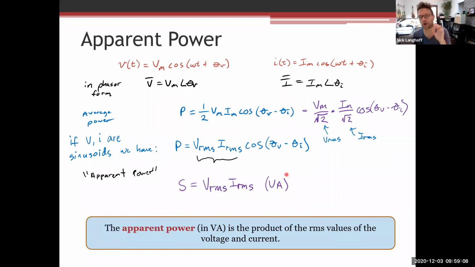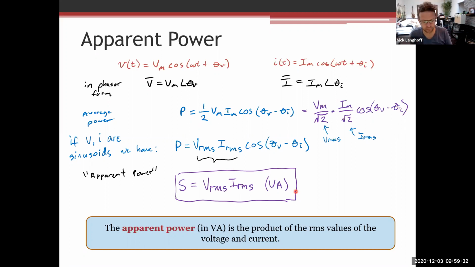We measure that in volt amps. Again, we're not calling it watts because that's not the real power that's delivered. It's true that a volt times an amp is a watt, but we write it as volt amps to distinguish that it's not actually the power delivered to the load, unless the load is truly resistive, and then in that case it would be.